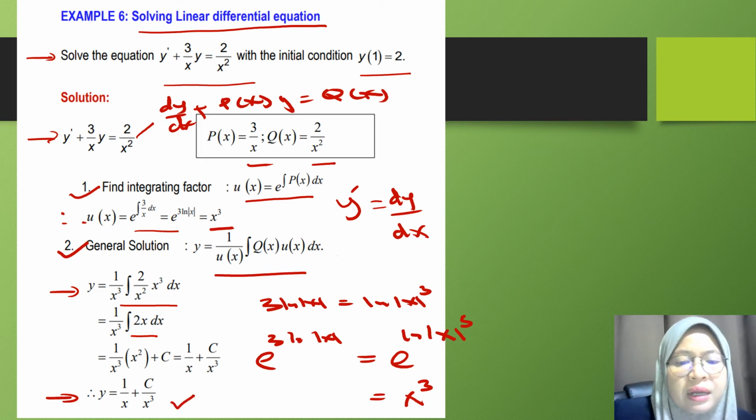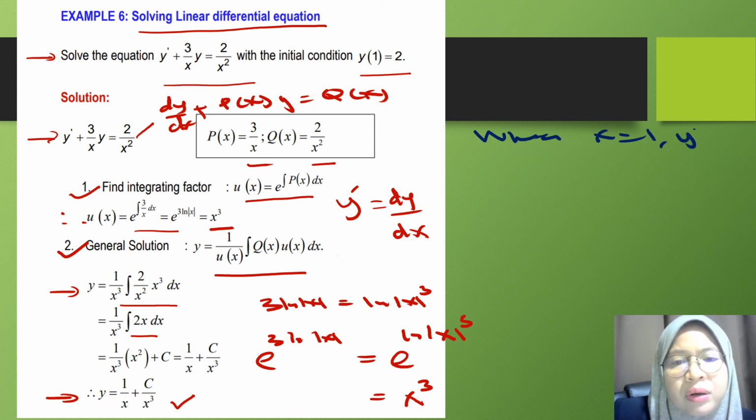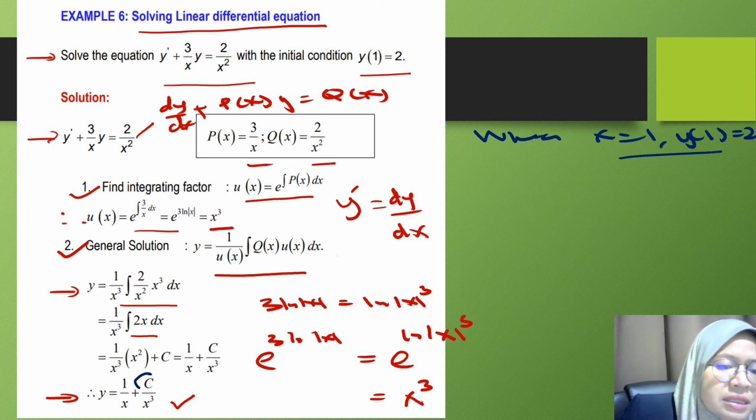Since we have an initial condition, which is when x equals 1, then y equals 2, we need to use this initial condition to find our constant c.